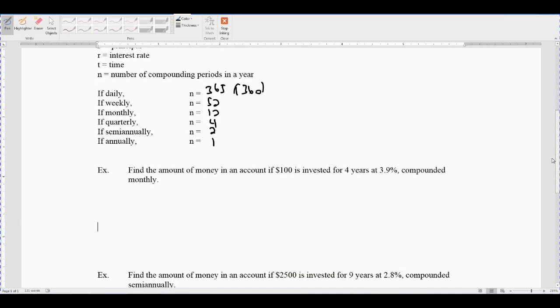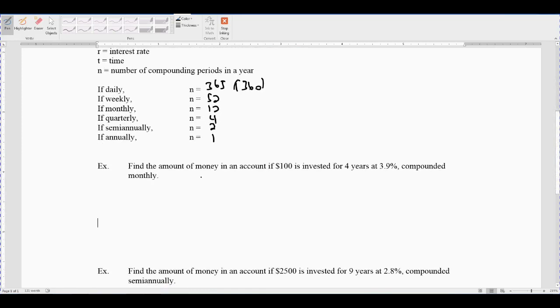So here we go. Let's do some examples. We're going to find the amount of money in an account if $100 is invested, that's your principal, for 4 years, which is T. 3.9% is 0.039, that's your R. Monthly, and that's 12. So let's use the formula. A equals P times (1 plus R over N) to the NT power.